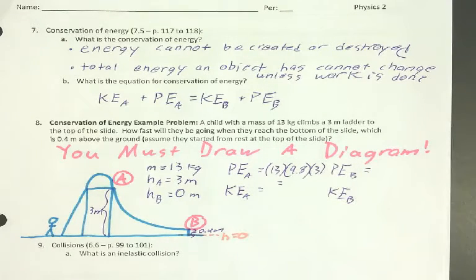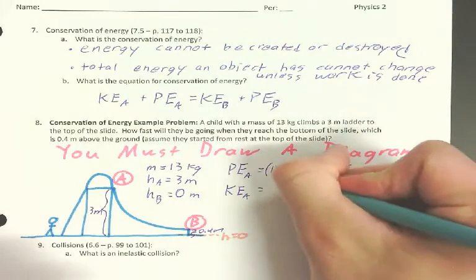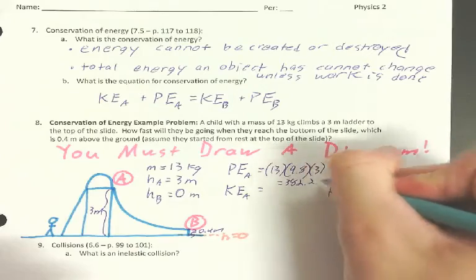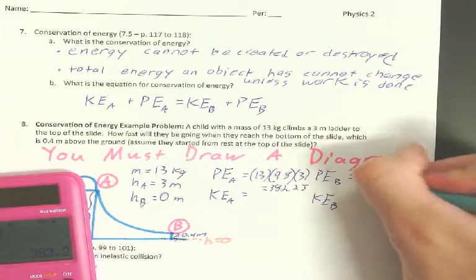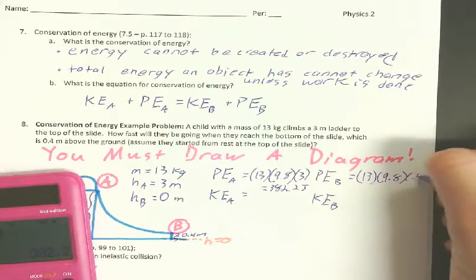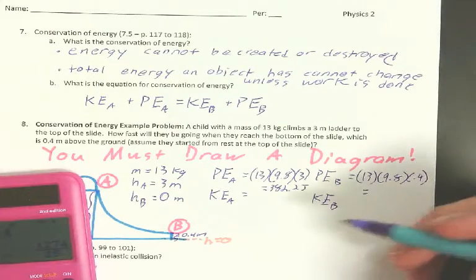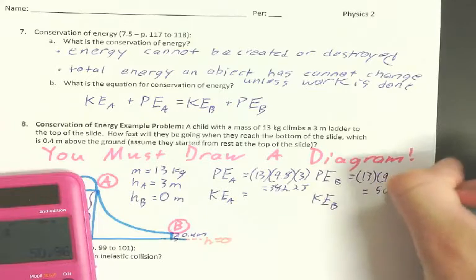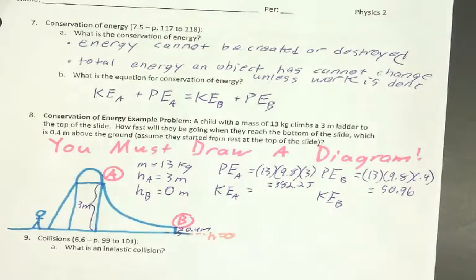So when I do that, 13 times 9.8 times 3, 382.2 joules. Okay, same thing for the potential at B, M, G, H. 50.96.